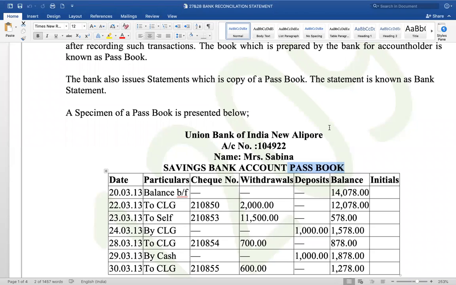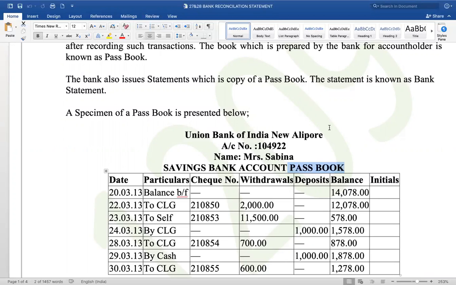When these two books are maintained by two different people, the bank cashier maintaining the passbook and the company's cashier maintaining the cash book, for the same transactions of deposits or withdrawals, there is a possibility that these two books do not agree.